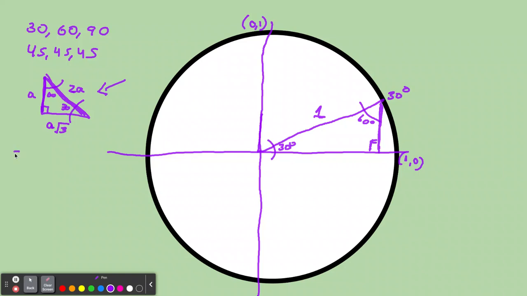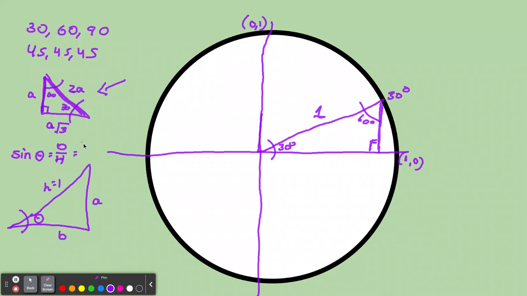So if we look at sine theta, I'm going to make another triangle over here. Let's say that was theta. Remember, sine is opposite over the hypotenuse. If this was A and that was B, and the hypotenuse we'll put H, on a unit circle we know it's 1.